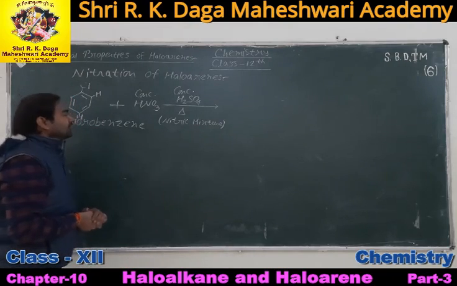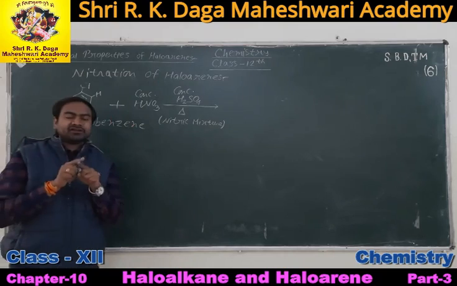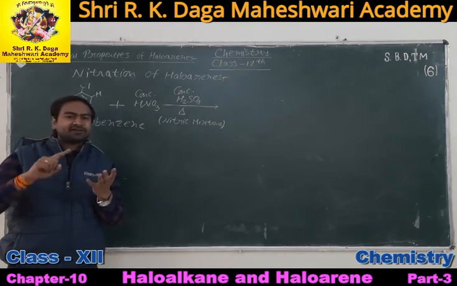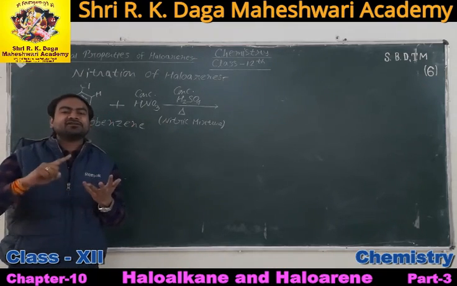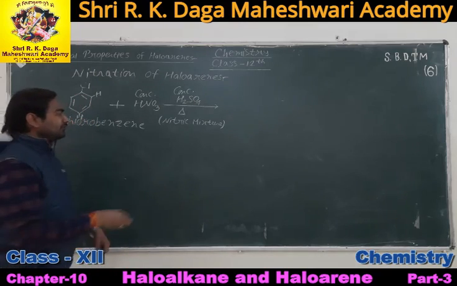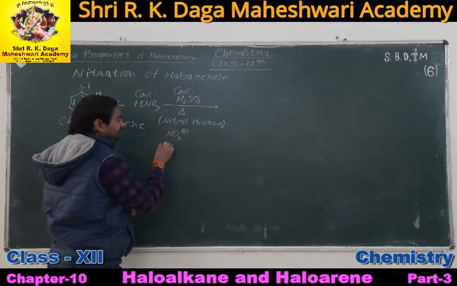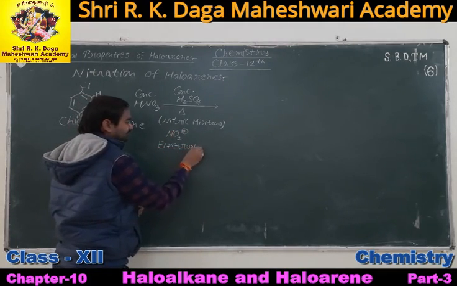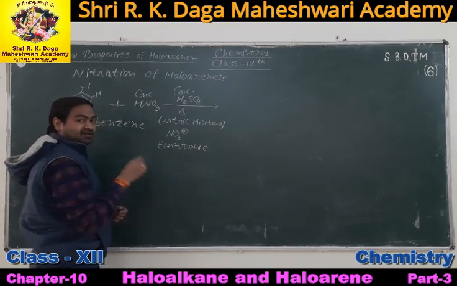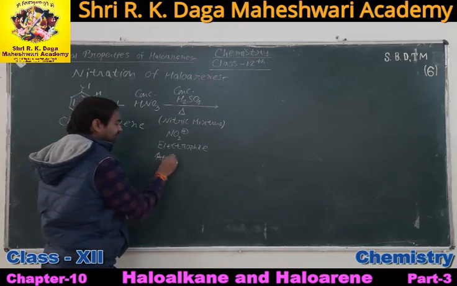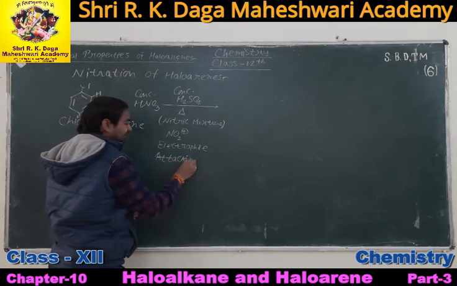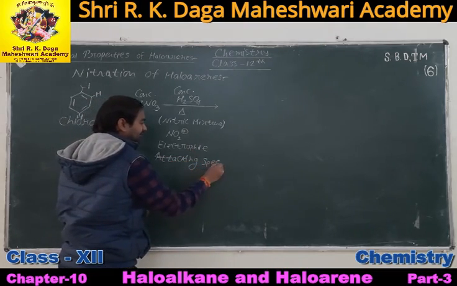Then HNO3 is dissociated into two different parts. First is NO2 positive and second is OH negative. Out of which NO2 positive is our electrophile, which is our attacking species.